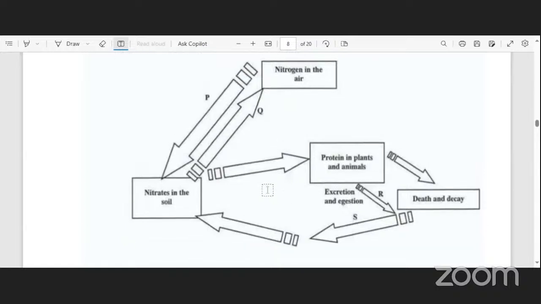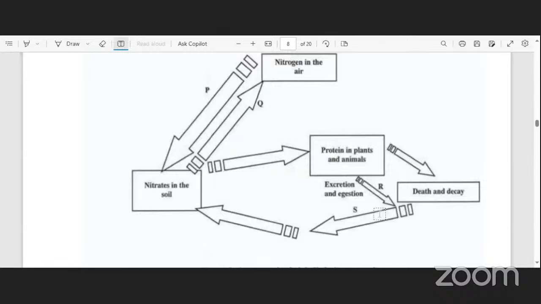So P, nitrogen fixation, Q, denitrification, and denitrification is the return of nitrates from the soil in the form of nitrogen gas back to the environment. What about R? What would R be? And S? By looking at the diagram here, protein in plants and animals, right?